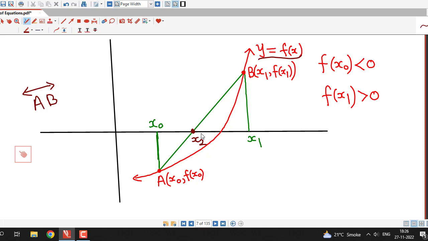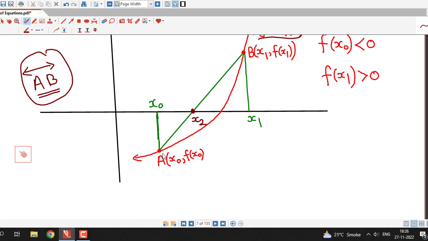The formula for x2 can be obtained by considering the line joining A and B, because this x2 lies on this line AB. So if we can decide the equation of line AB, then we can find the value of x2. Now how to decide the equation of this line?